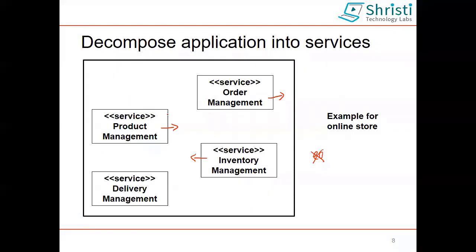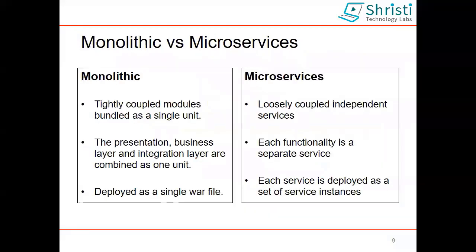Each service doesn't depend on the other service. That is the best advantage of a microservice. It is micro: one big application divided into multiple loosely coupled services, and each service can be developed and deployed independently. There are a few more benefits of microservices, which we will see. Before that, we will understand the difference between a monolithic and a microservice.